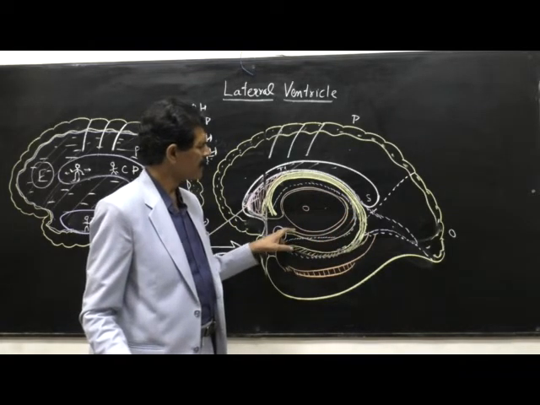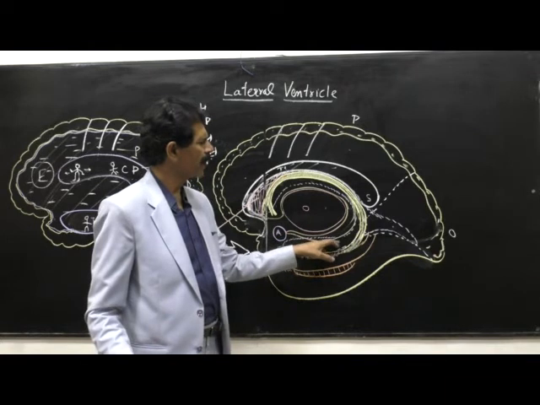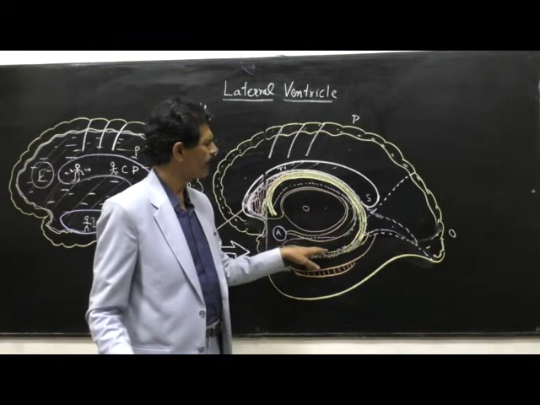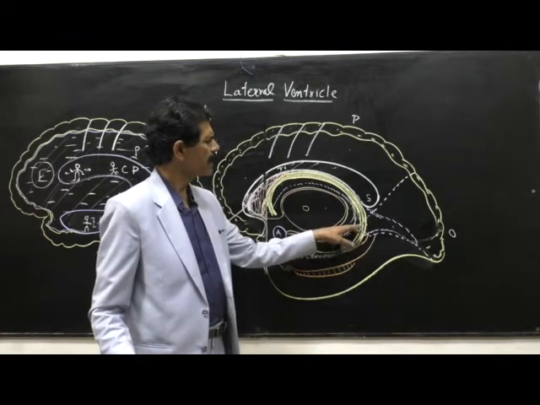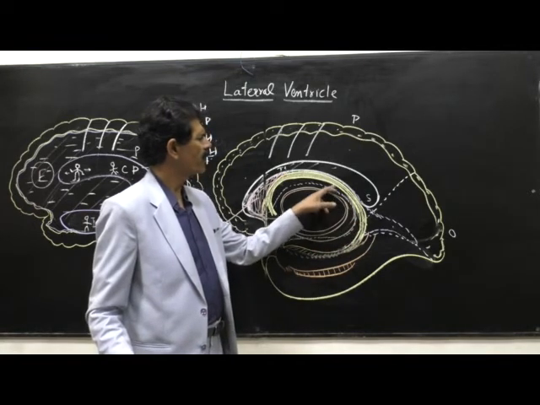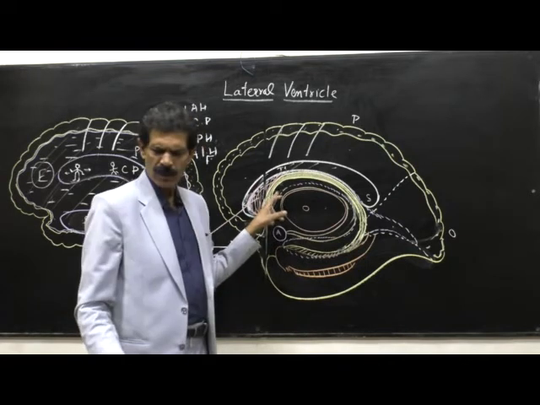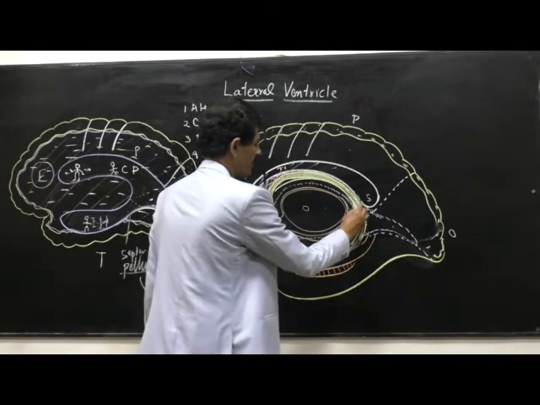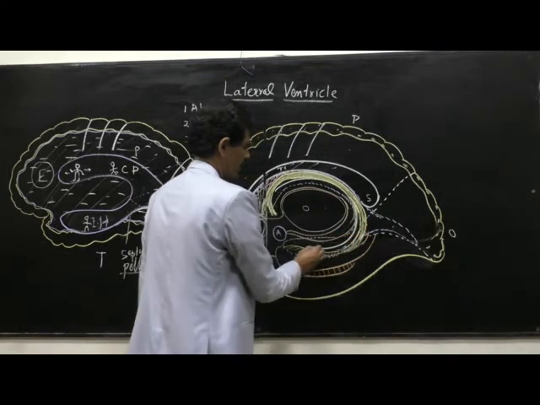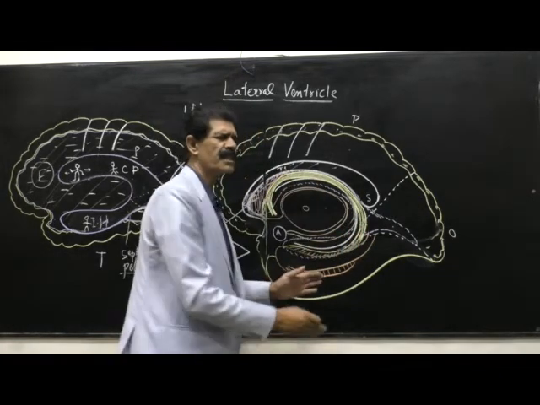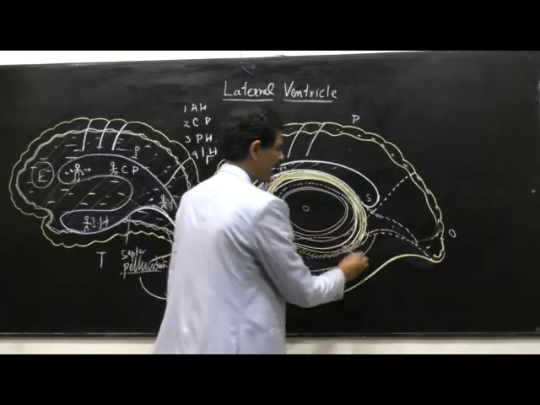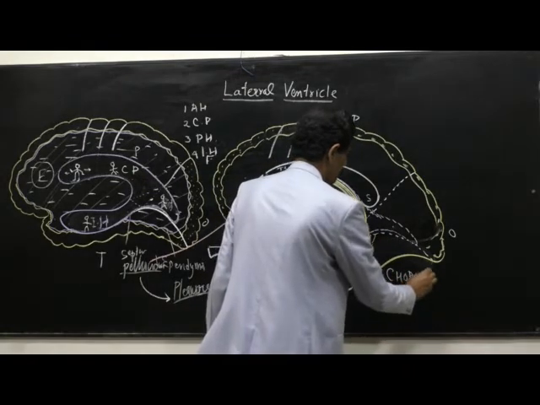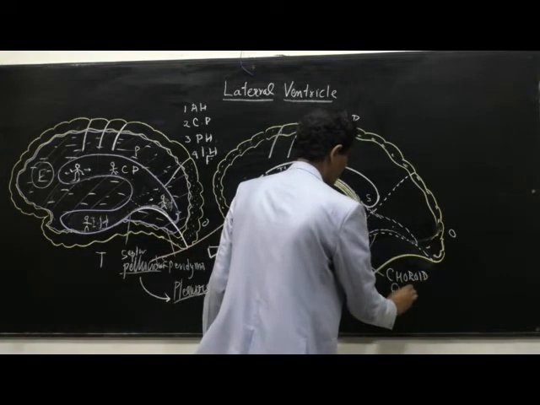It encircles around the thalamus and the fimbria, the crus, and the body of the fornix. So this C-shaped gap which is present on the medial surface of the cerebrum is called the choroid fissure.